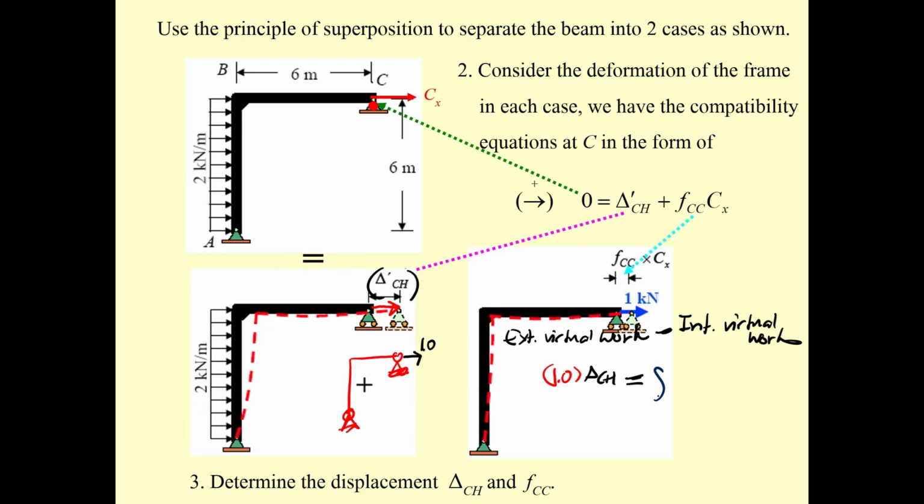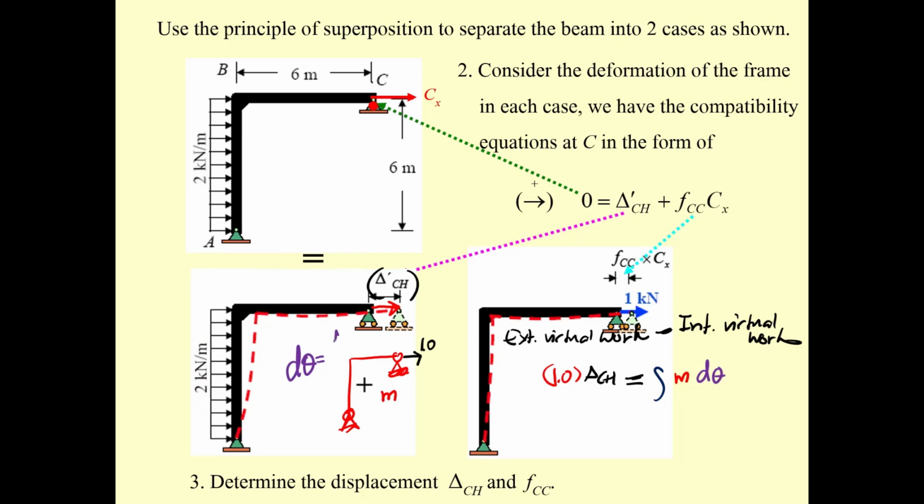Why integration? Because the frame is composed of the beam and the column, which are continuous structural members. Then this 1.0 unit load will produce a small moment m, and the small moment m will permit the real deformation d theta. However, we have the elastic beam theory.